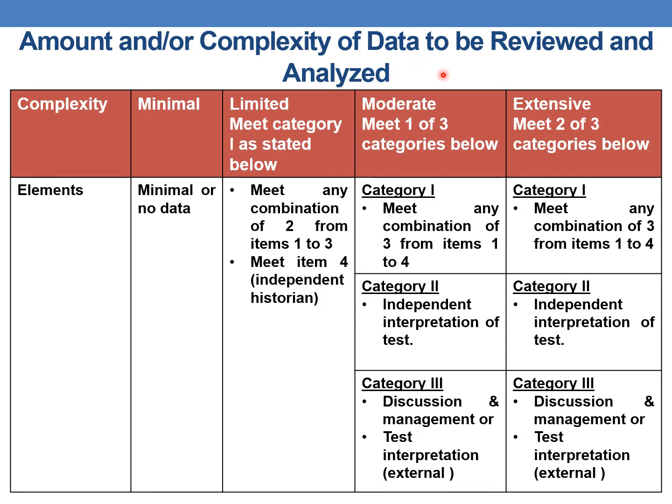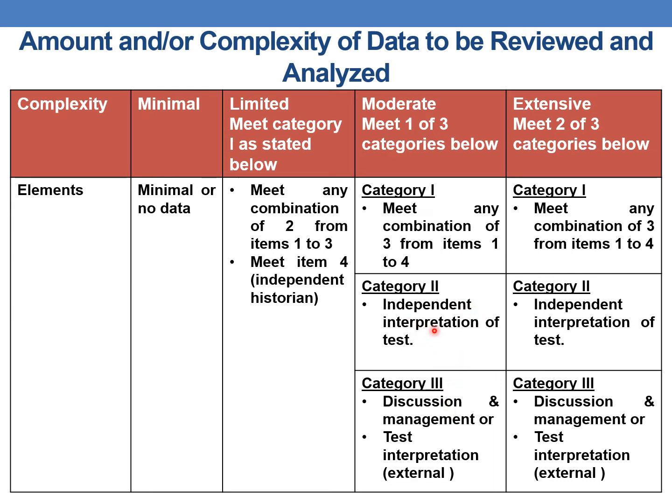So when is complexity considered to be moderate according to the amount of data to be reviewed? It must meet one of 3 categories as below. Coming to category 1, it should meet any combination of 3 from items 1 to 4. In order to qualify as moderate complexity, either 3 elements from 1 to 4 in category 1 must be met, or category 2 must be met, or category 3 must be met.